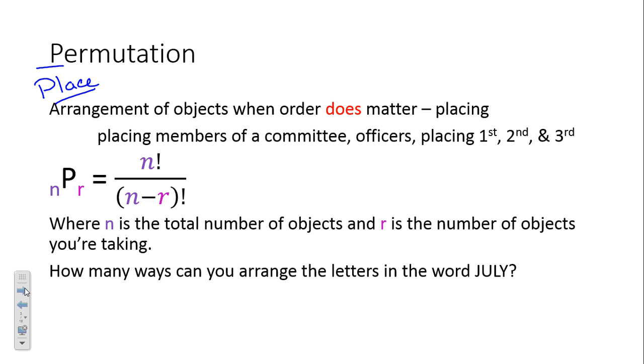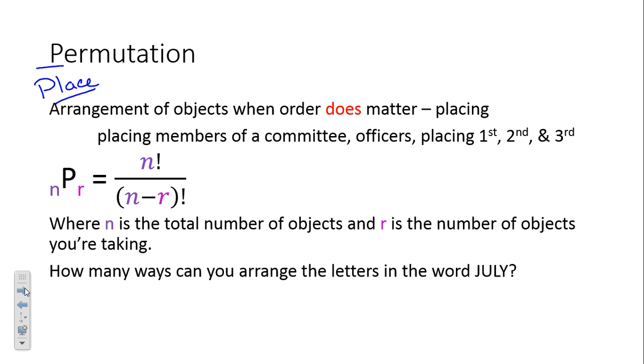That's defined as n factorial over n minus r factorial. So in this example, we'd have 24 factorial divided by 24 minus 3, or 21 factorial.